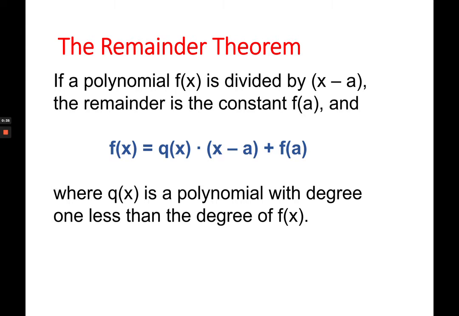The remainder theorem says if a polynomial f of x is divided by x minus a, the remainder is the constant f of a.